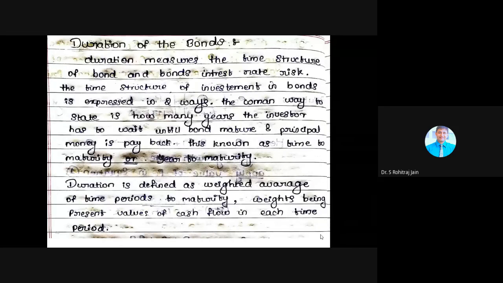Very good. Okay, we will understand first what is the duration of the bond and how do we calculate the duration of the bond. So, duration measures the time structure of the bond and the bond's interest rate risk. The time structure of investment in bonds is expressed in two ways.